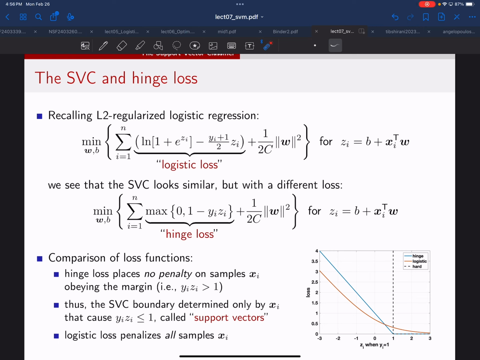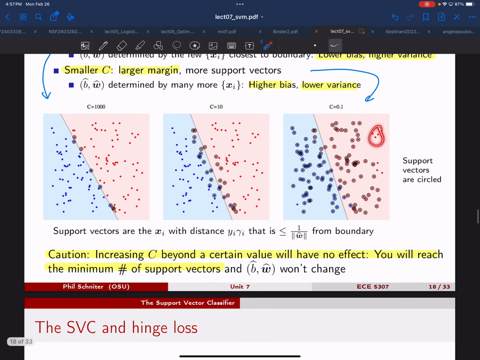So what that means is, in this hinge loss, any samples xi which give me a zi greater than 1 are not involved at all in the cost function. We're throwing them out. Whereas logistic keeps all the samples, even samples that are very far away, very easy to classify, it is still using those.